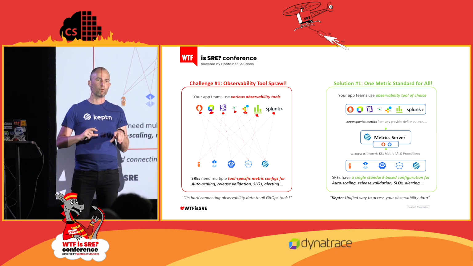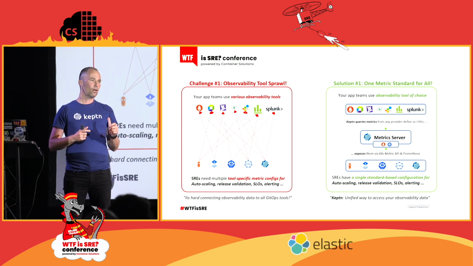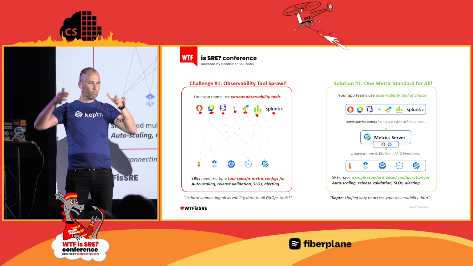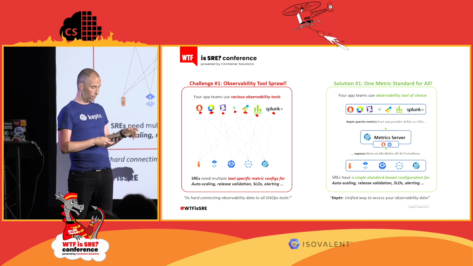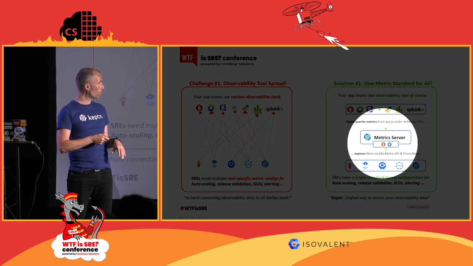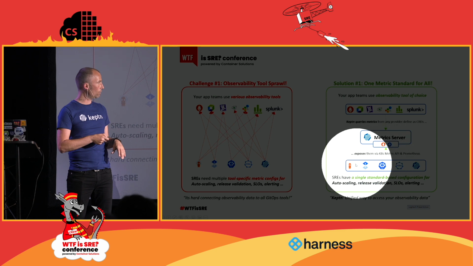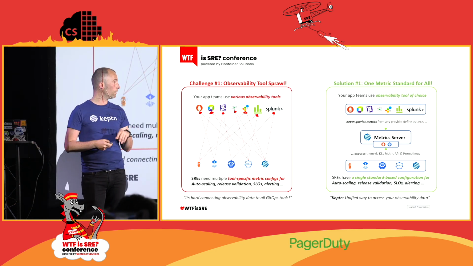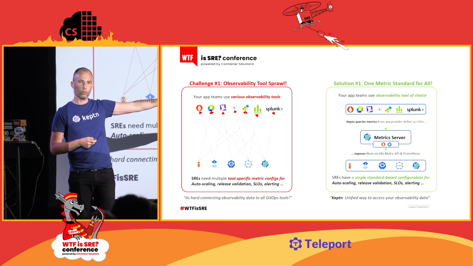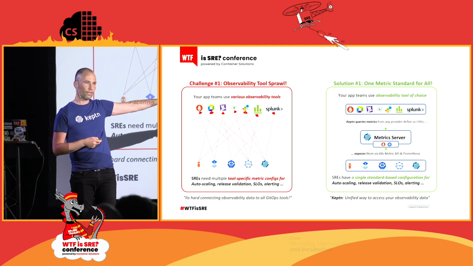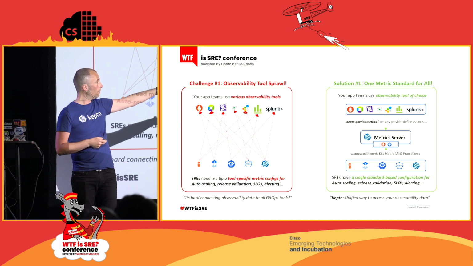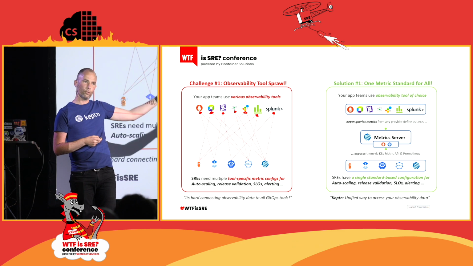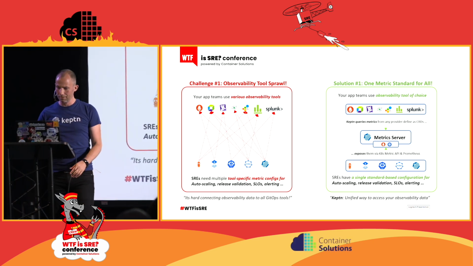The Keptn metric server basically specifies a standard on how you can pull in any type of observability data back into Kubernetes and make it available through either Prometheus or the Kubernetes metrics API to all of these tools. It solves a major problem, actually two, I think. First of all, these tool vendors on the bottom, they don't need to provide and build plugins for every point-to-point integration. And on the other side, it also helps the observability vendors to not have to build and maintain these point-to-point integrations.